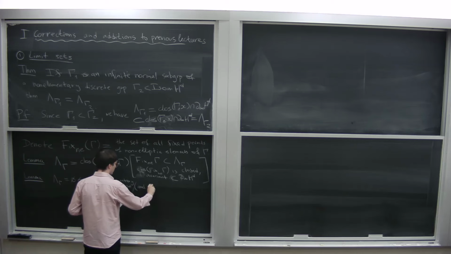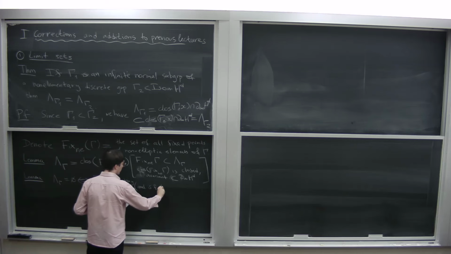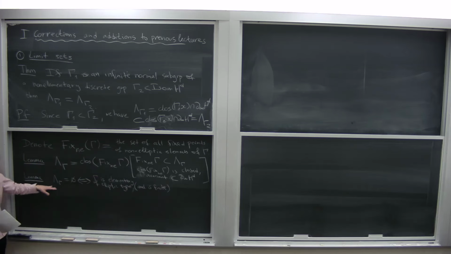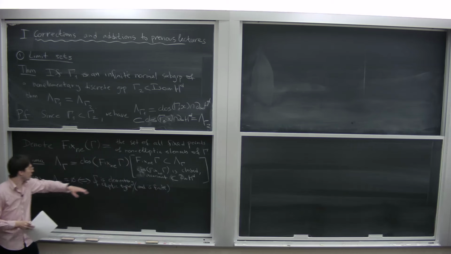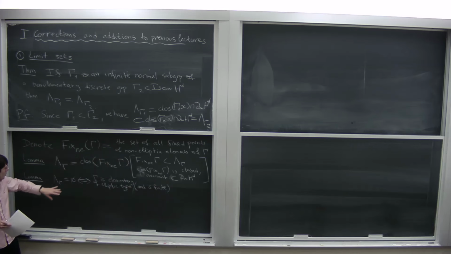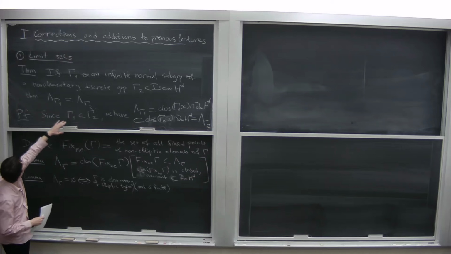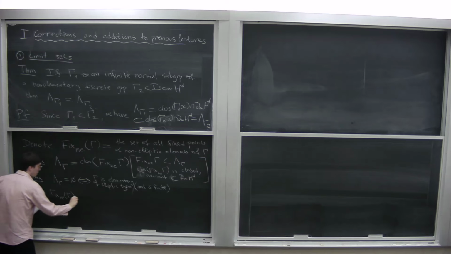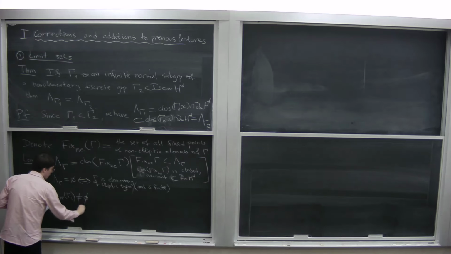So for discrete groups, I cannot have infinite gammas with empty non-elliptic fixed point set, right? So since gamma 1 is now infinite, we have that fix NE of gamma 1 is not empty.